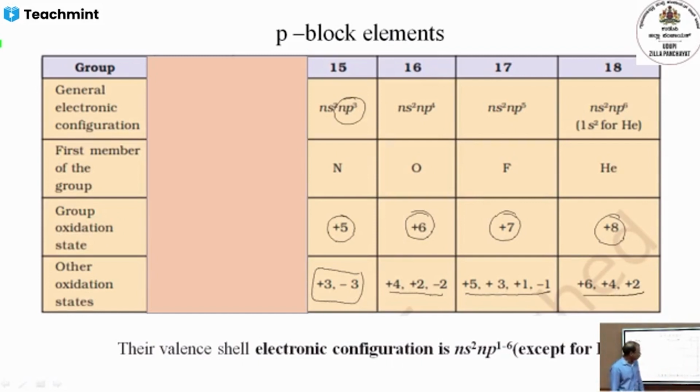Here, if you look into the first members of these p block elements, particularly the 15th, 16th, 17th, and 18th groups, we always find that these first members are exceptional. They have some special behavior.